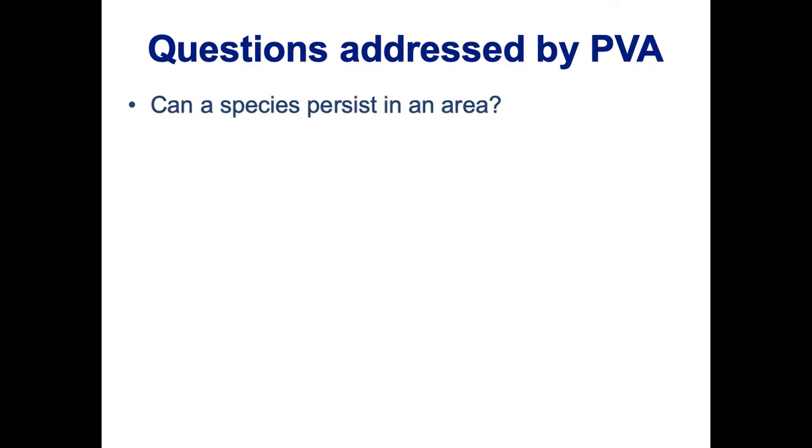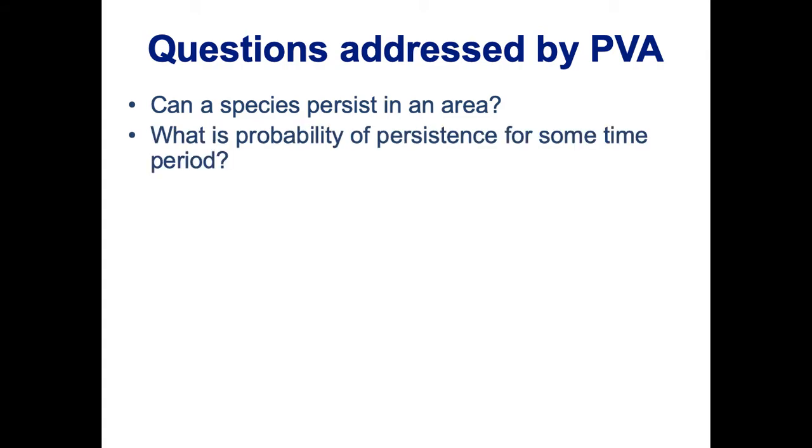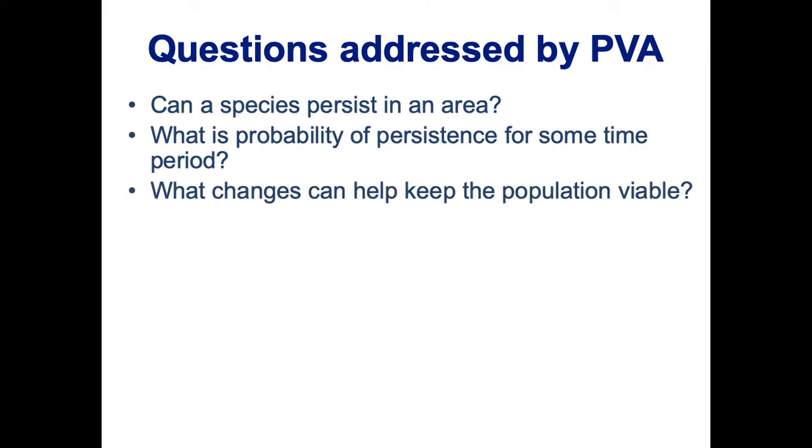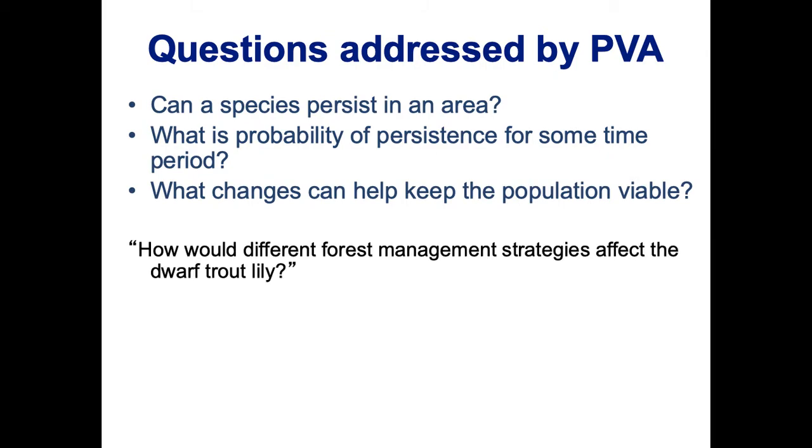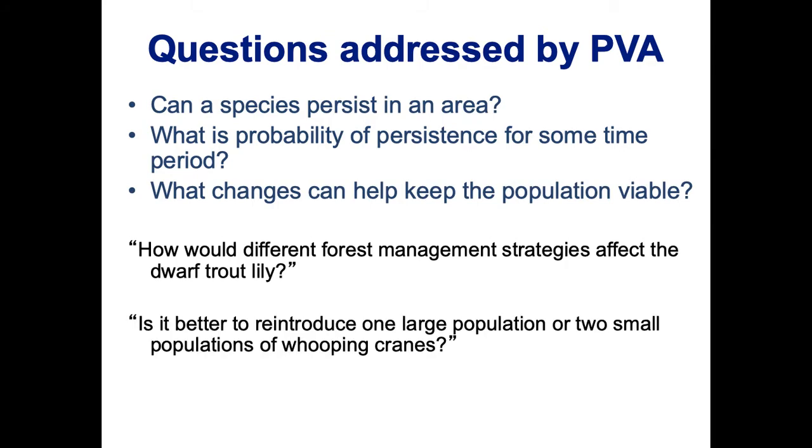So there's lots of questions that can be answered by a population viability analysis. Can a species persist in an area? What is the probability of persistence over some time period? What changes can help keep the population viable? So here's some more specific types of questions. How would different forest management strategies affect the dwarf trout lily?